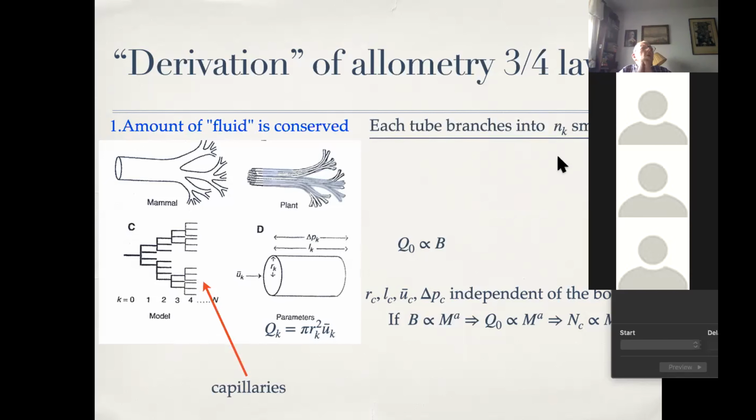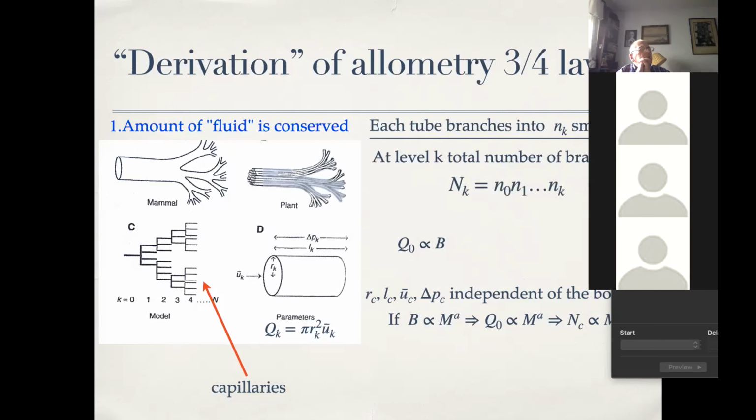So let's now do some more mathematics. Each of the tubes in my system branches into new ones, and the number of those pipes on the level k I label as N_k.